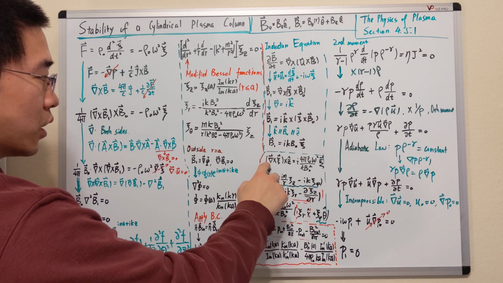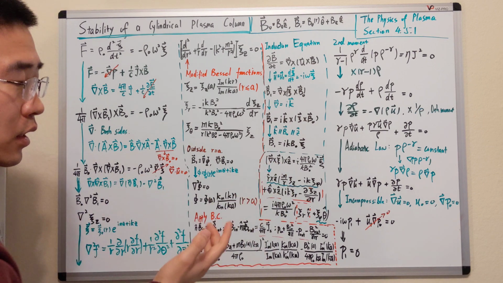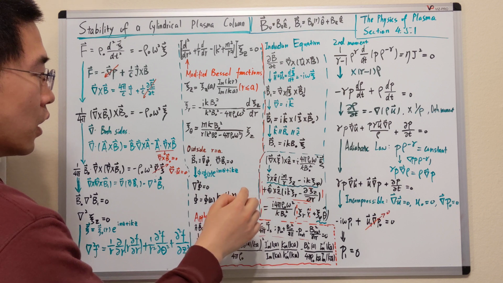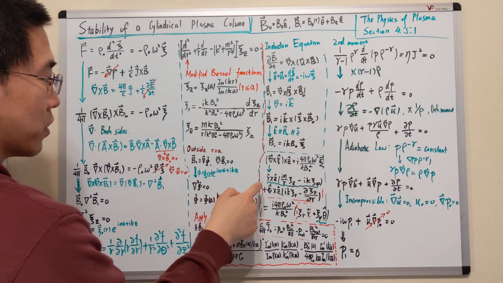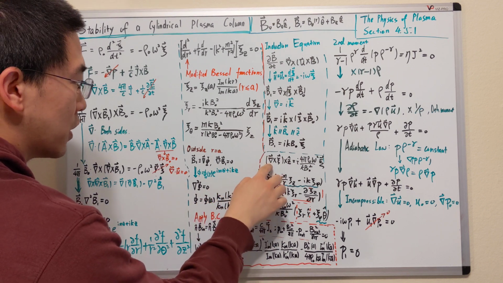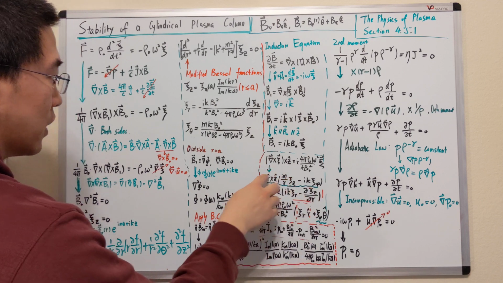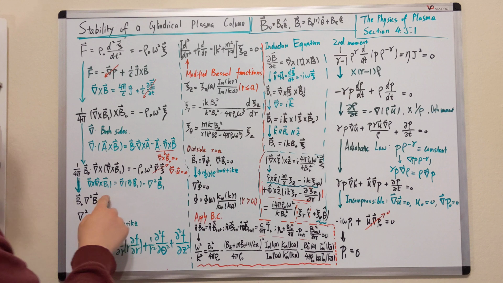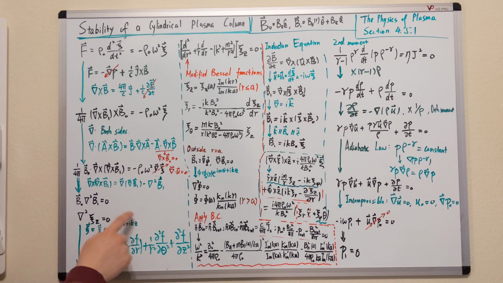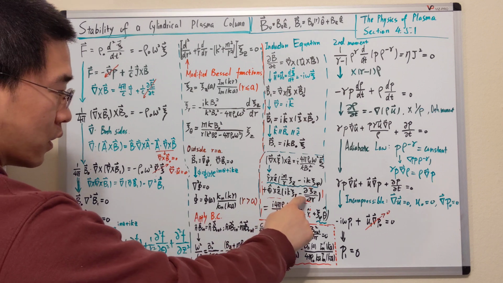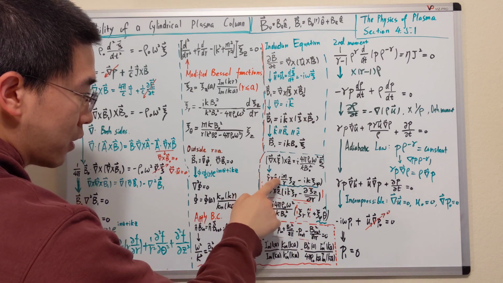So we do the curl. If you check the handbooks, you will see the curl in cylindrical coordinates is such. You can write it in this way, and you can do the derivative based on the definition of c. So we have this.